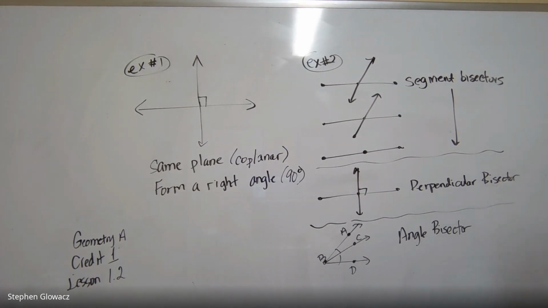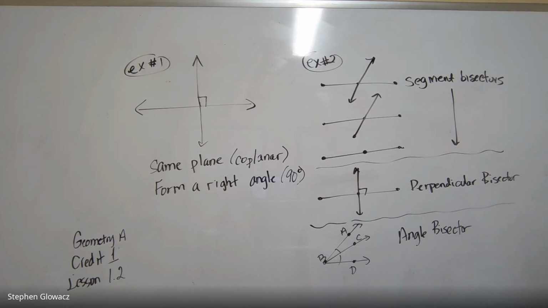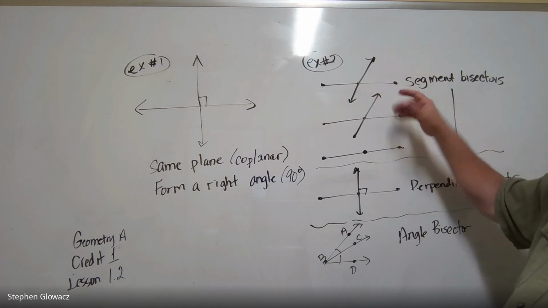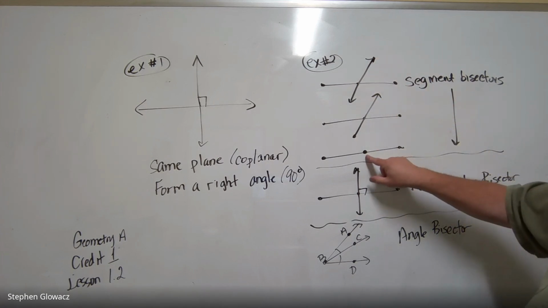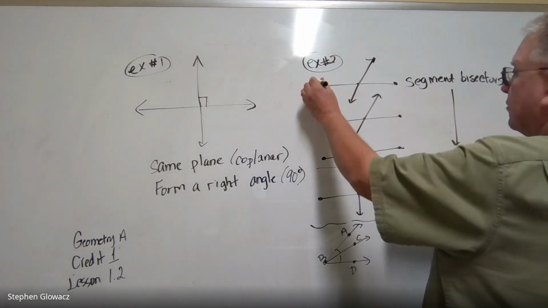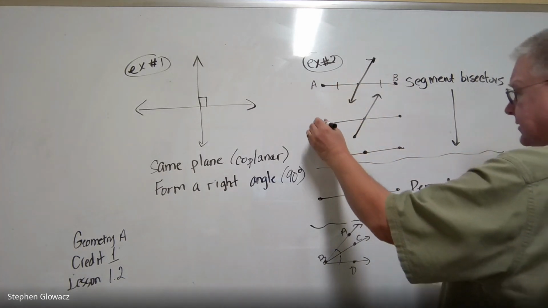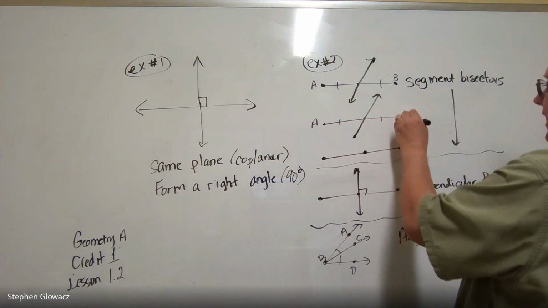All right, so that's our example for the information for number one. For number two, we are going to first of all talk about what a segment bisector is. And so a segment bisector is any line, ray, or segment, I suppose, or point that takes a line segment, we're going to call this line segment AB here, and divides it into two equal pieces.